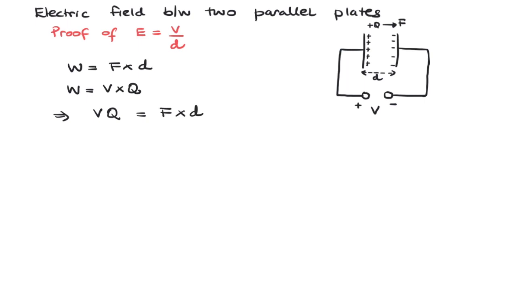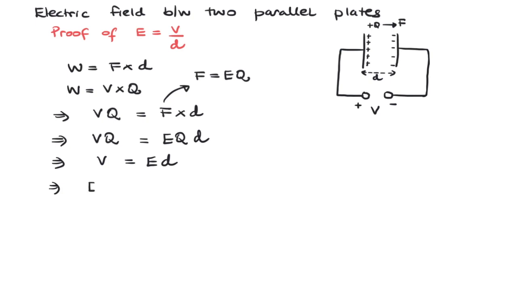And we know that the electric force on a charged particle is given by E times Q, where E is the electric field strength, which is a vector quantity, and Q is the charge on the particle. So VQ is equal to EQ times d. If you divide both sides by Q, you're left with V equals Ed, or E is equal to V divided by d.